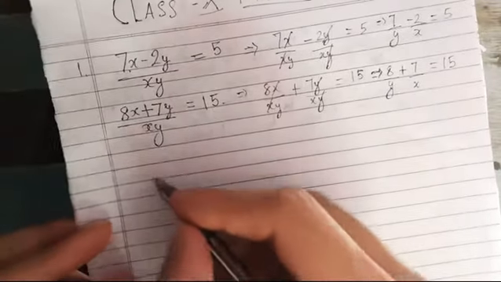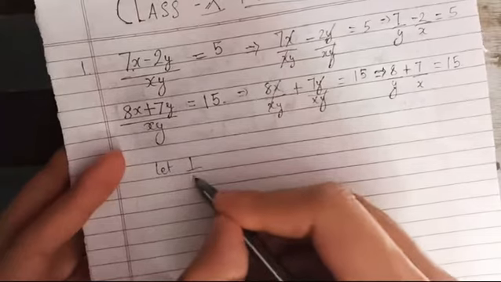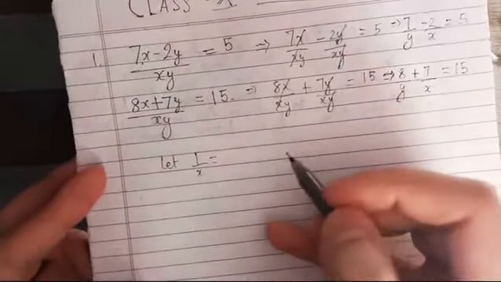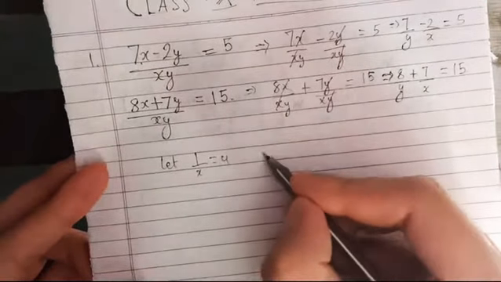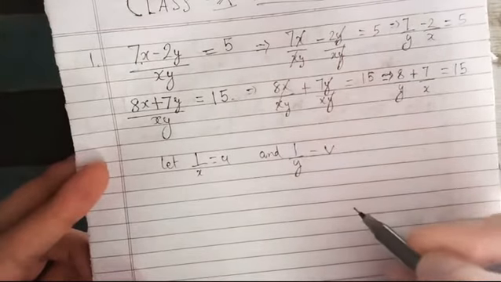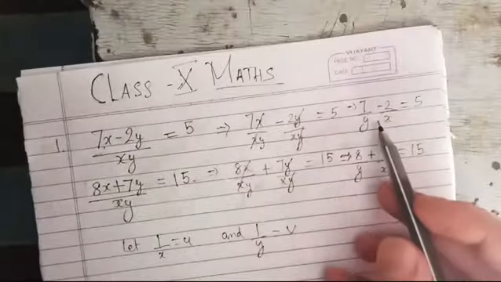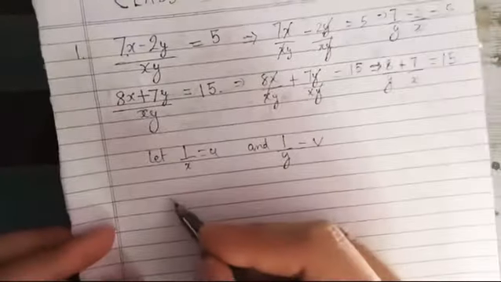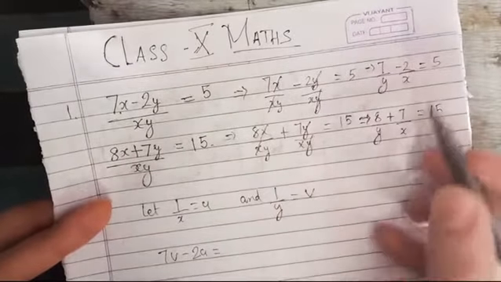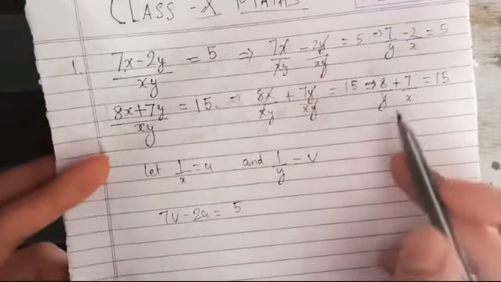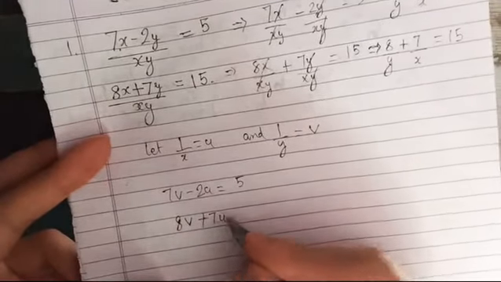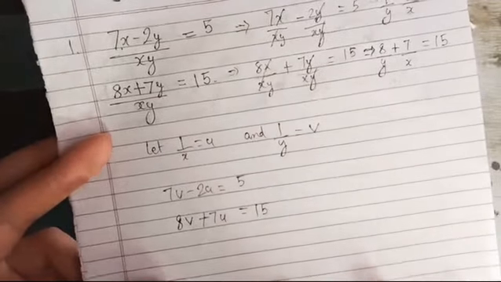Now here also we will assume let 1 upon x is equal to u and 1 upon y equal to v. Now putting the values in the equation, it will become 7v minus 2u is equal to 5, 8v plus 7u is equal to 15.